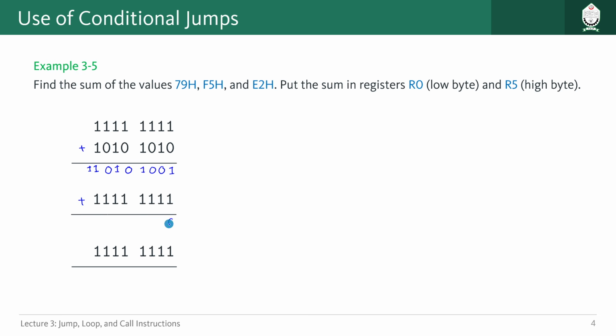So 1 1 0, carry 1 1 0, carry 1 1 0, carry 1 1 1. So 1 carry 1 1 0, carry 1 1 1, 1 carry 1 1 0, carry 1 1 1. So 1 carry 1 1 0 1. So you see, this portion was extra here, here we have 2 bits extra.